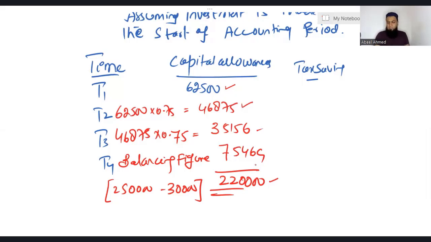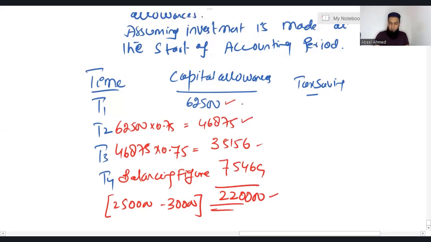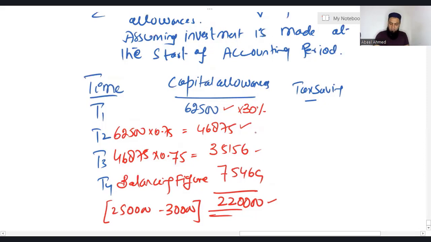Okay. Since tax is paid in the same year, capital allowance into tax rate, tax saving will arise from the first year. Reason, because tax is not paid with a delay of 1 year. Tax is paid in the same year.